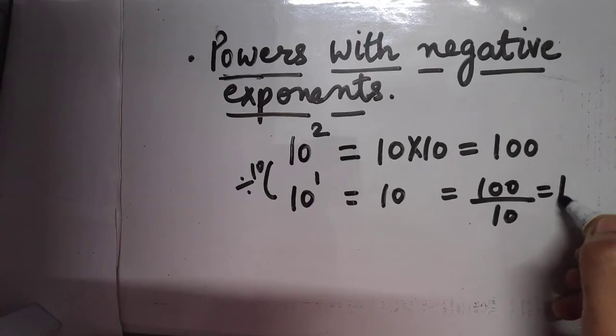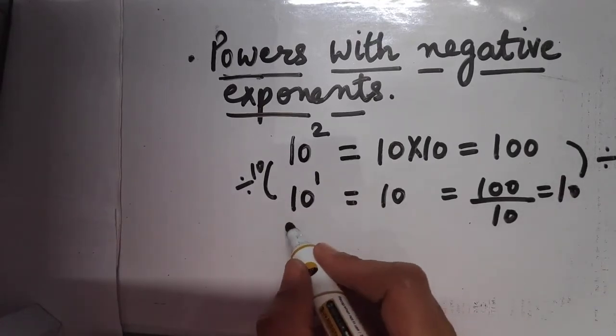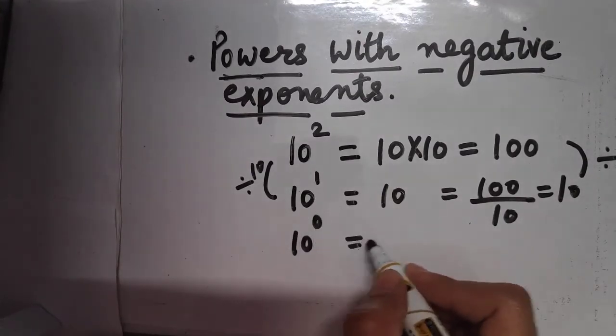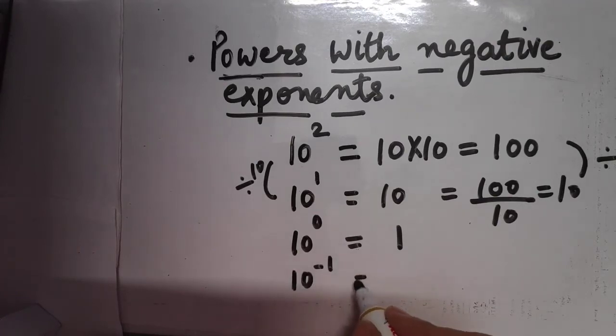So I have divided this side also by 10. Similarly, if I divide this again by 10, I will get 10 raised to the power 0 as 1. As I keep on continuing with the same pattern, I will get 10 raised to the power minus 1 is equal to 1 over 10.